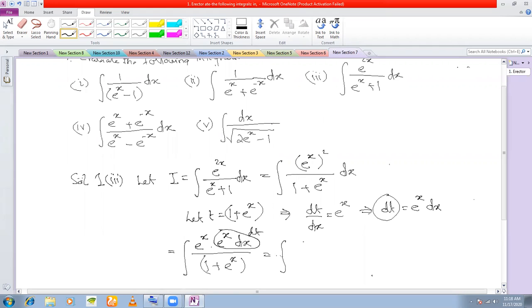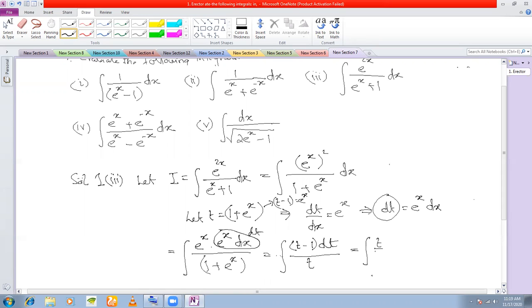And since e to the power of x is equal to t minus 1, right? So instead of e to the power of x, you replace by t minus 1, and the other one, e to the power of x dx, you replace by dt. And denominator, 1 plus e to the power of x is t.